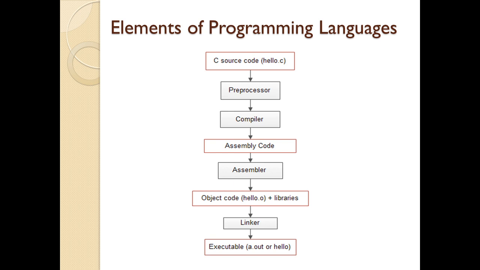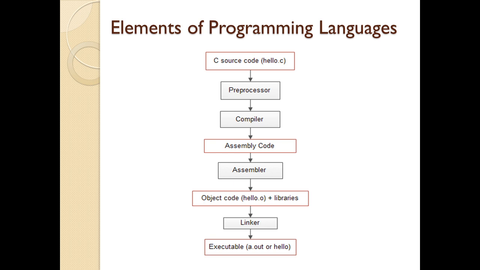After the original code is converted into assembly code by the assembler, it is considered an object code, and the file extension changes from .c to .o. That .o is the object code of the original file, plus some libraries are included here.